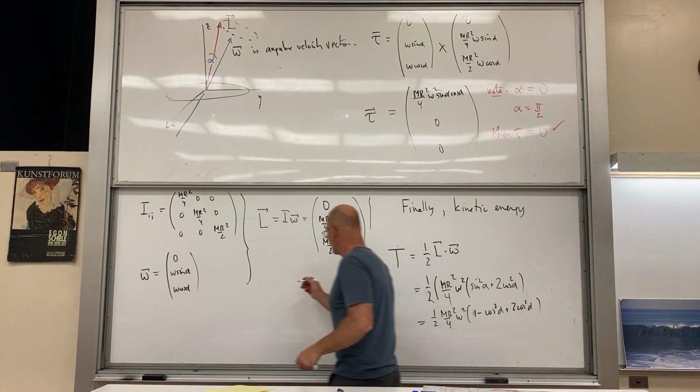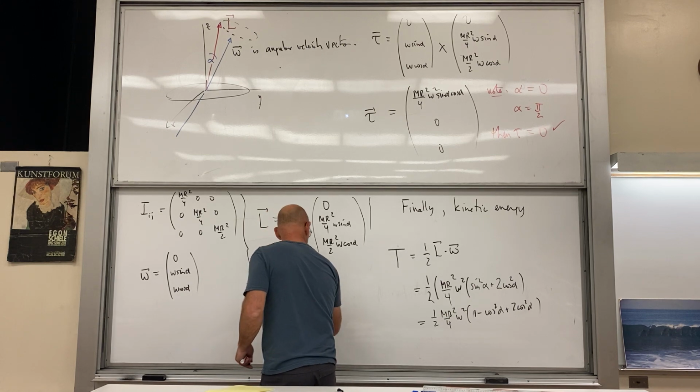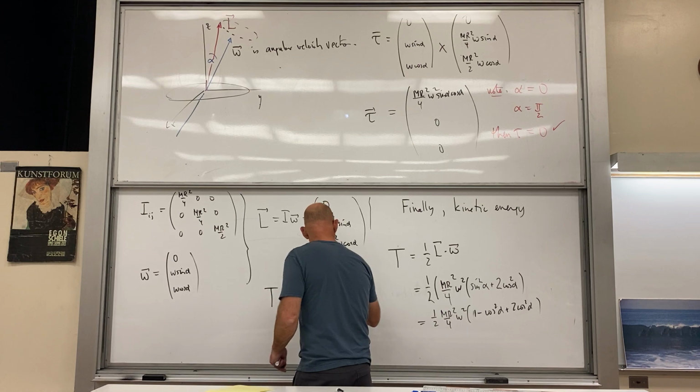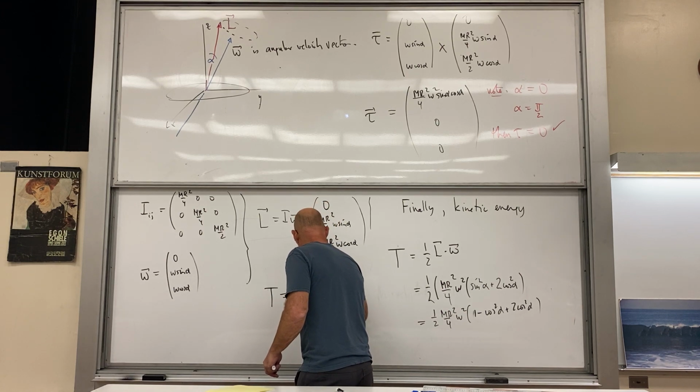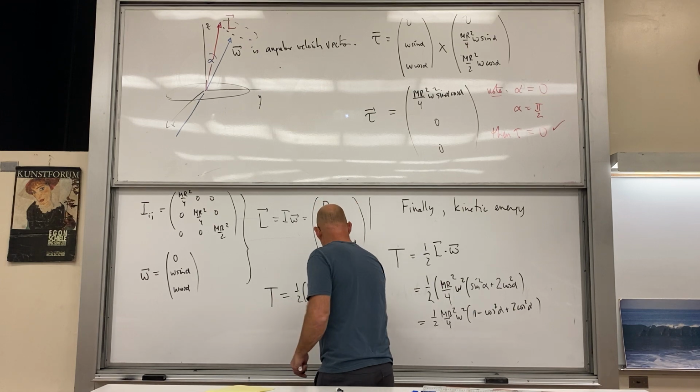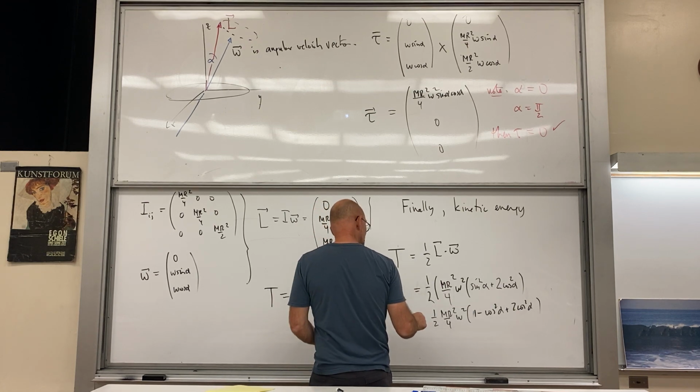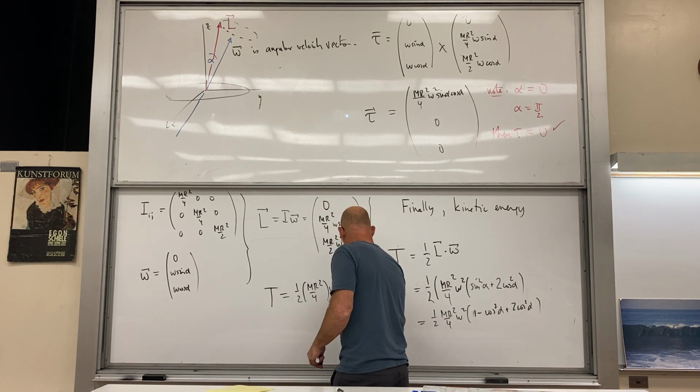Good. So the kinetic energy finally, T is equal to 1/2 mr squared over 4 omega squared, 1 plus cosine squared alpha.